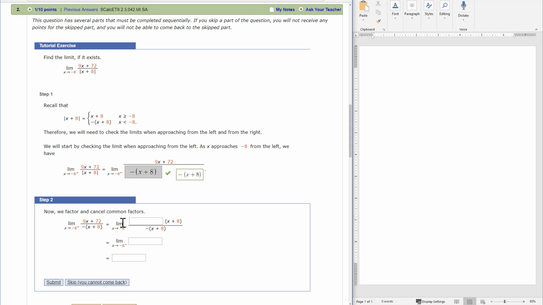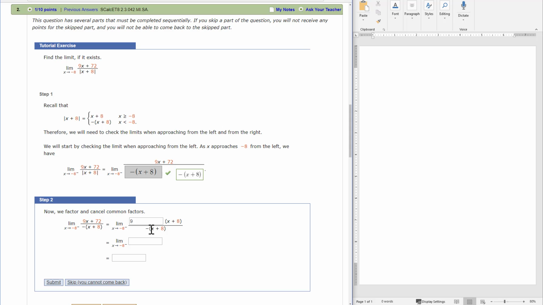In this step they want us to factor and cancel. So we take the numerator, 9x plus 72. Notice that 9 and 72 have a factor of 9, and if we factor that out, we get 9 times x plus, and 72 divided by 9 is 8. So that's the factoring part.